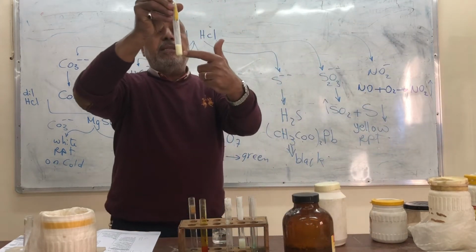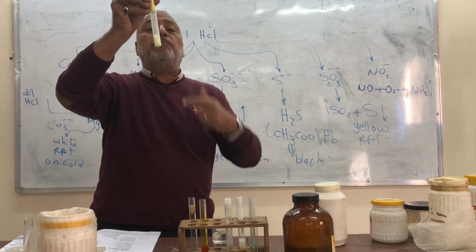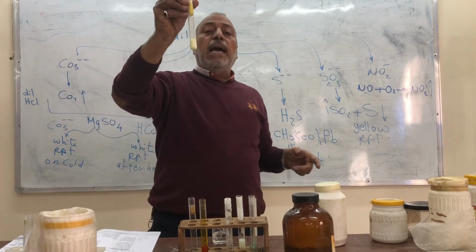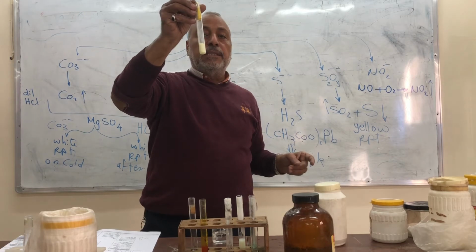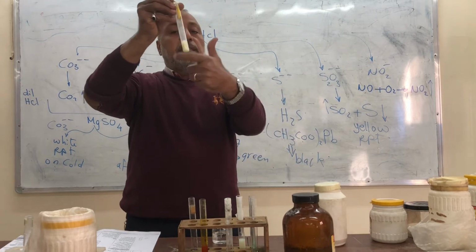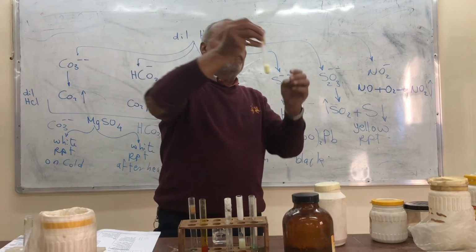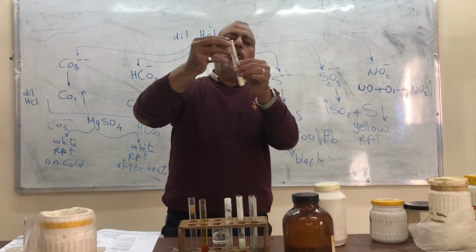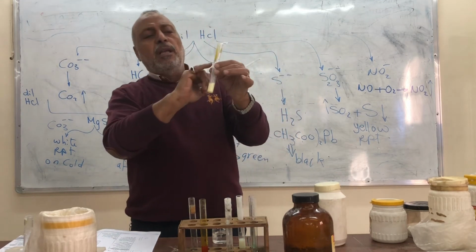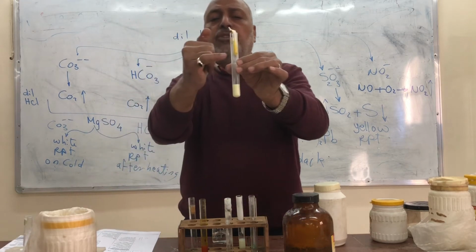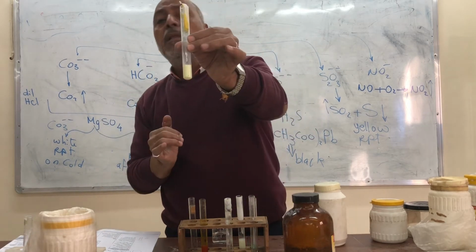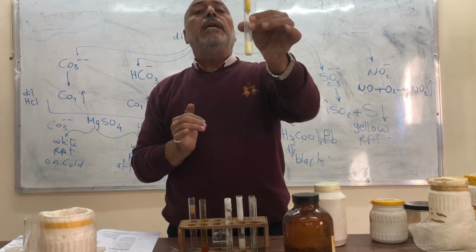The yellow precipitate is clear due to suspension of the sulfur particles. Sulfur particles suspended and formed a yellow precipitate, and SO2 evolved, which changed the paper from orange into green.